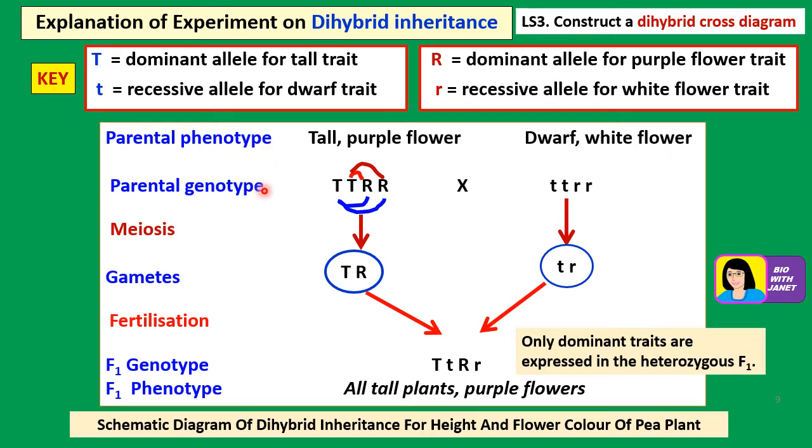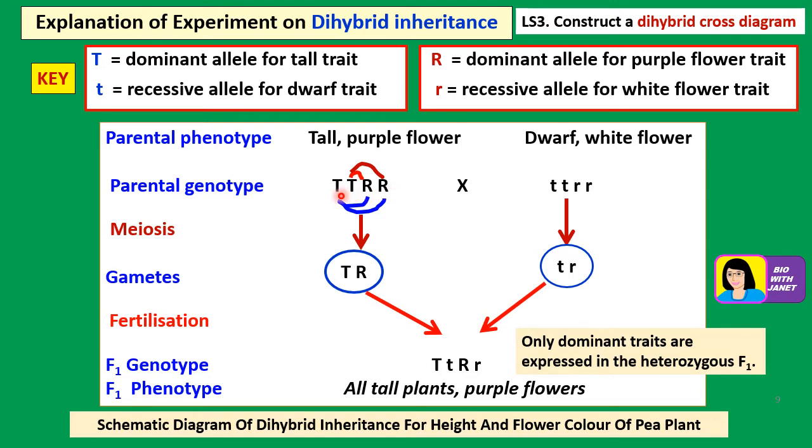Okay, but what is the genotype? Meaning the genetic content inside, genetic composition. Okay, and that is what are the alleles in each diploid cell of the plant. Okay, so for the tall plant with purple flowers, since it's purebred, it must be homozygous dominant for both characteristics.